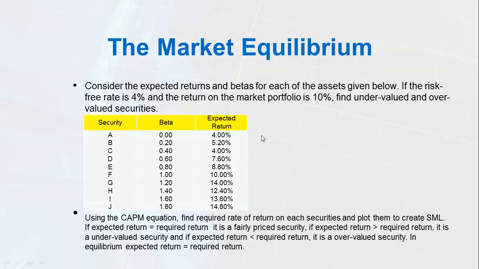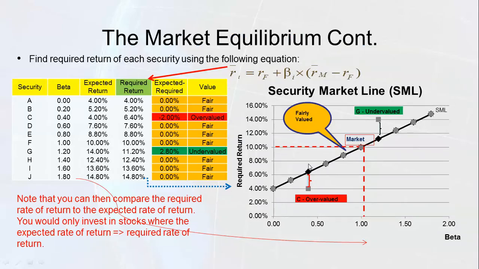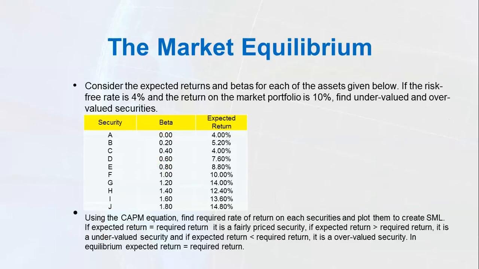Basically, you compare your expected return with the required rate of return to find undervalued or overvalued securities. Using this information, I use the CAPM equation and estimate the required rate of return for each of these securities. If expected return equals the required rate of return on a security, then that is the market equilibrium situation.